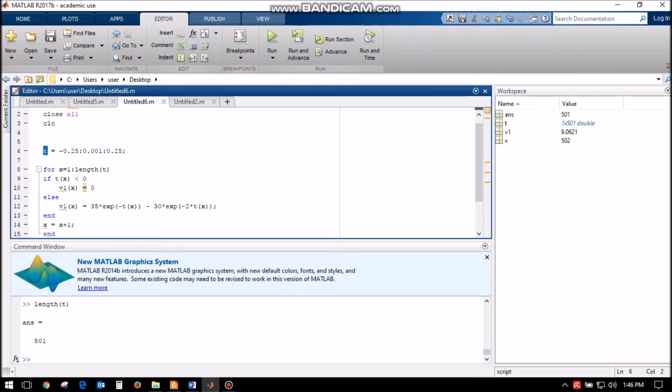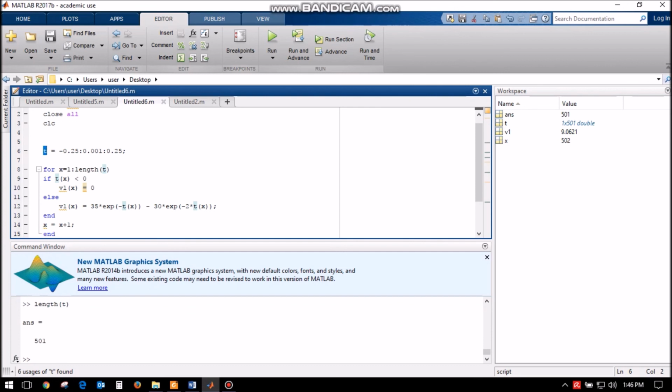T starts at negative 0.25 and increases by 0.001 until it reaches 0.25. So from here to here contains 501 increments.